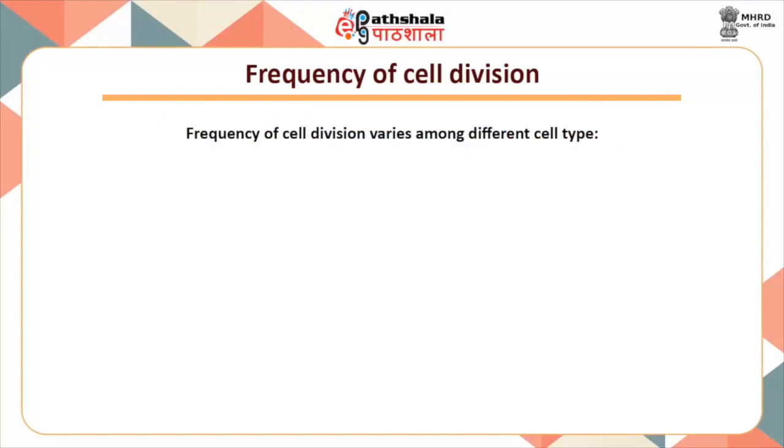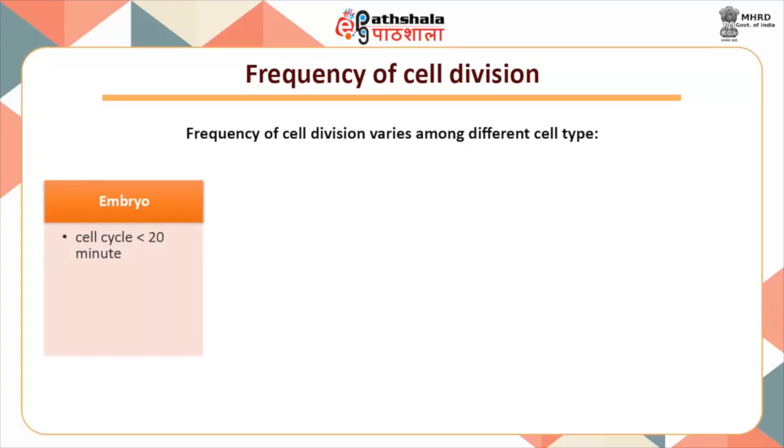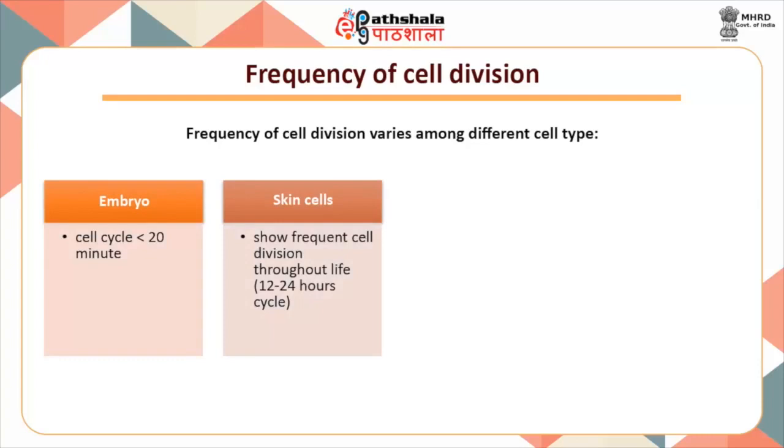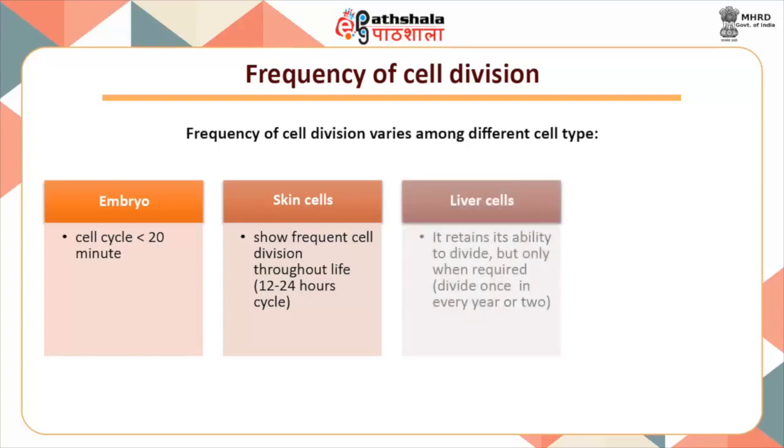For example, cells of an embryo divide approximately in 20 minutes. Our skin cells show frequent cell division, around 12 to 24 hours per cycle. They are replaced very fast. If you take the example of our liver cells, they retain their ability to divide only when required.